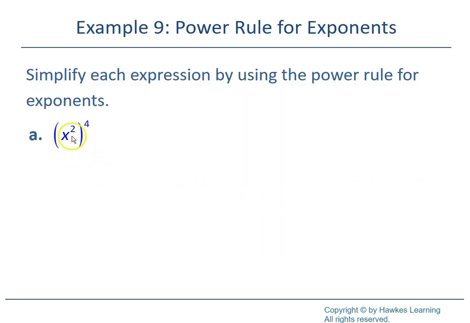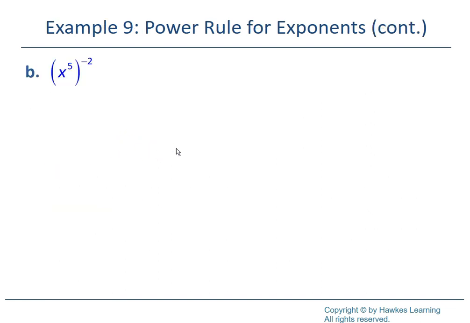This one's easy. The power rule, this is just going to be a to the eighth. Now here, the rule for multiplication signs work. So this would be 5 times negative 2, is x to the negative 10 in the numerator, but we have to bring that down to our denominator to make it positive.